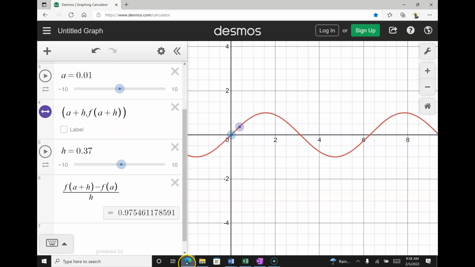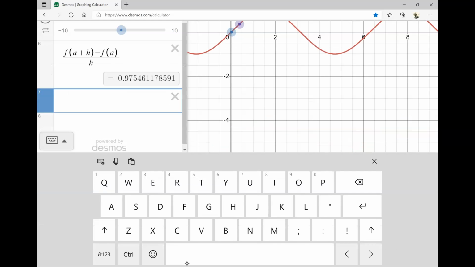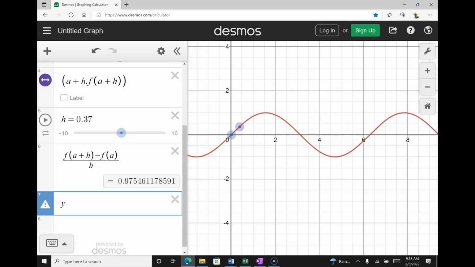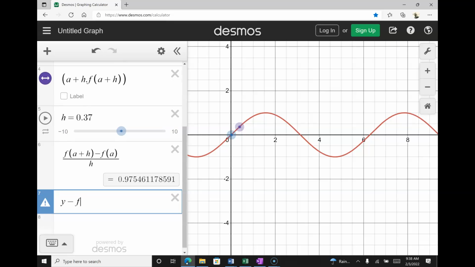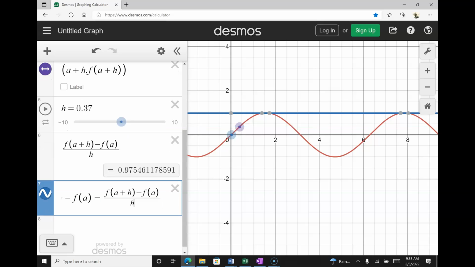So here I am in Desmos. I want to put that equation in. So let me see if I can do this again. So I got what? y minus f of a equals my slope, which is f of a plus h minus f of a, all divided by h times x minus a.